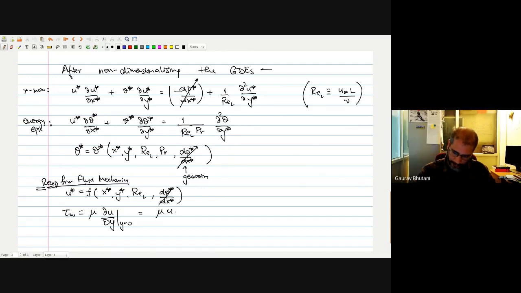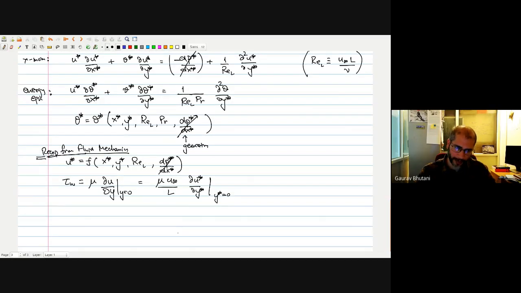So this gives me a u infinity here. So I get a del u star, and then I also get a del y star. So that gives an L here, and this is at y star equal to 0. Okay, so this is what we typically did because we had the functional dependence of u star on y star. So we could use that for writing del u star by del y star at y star equal to 0.